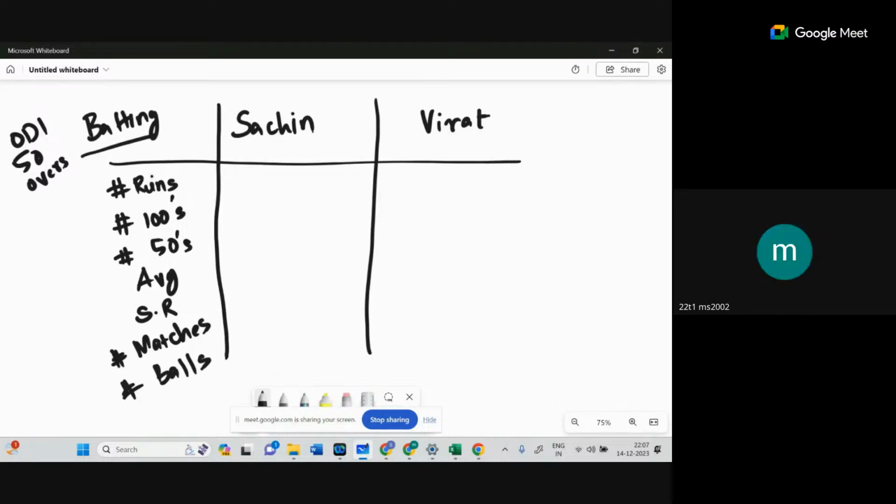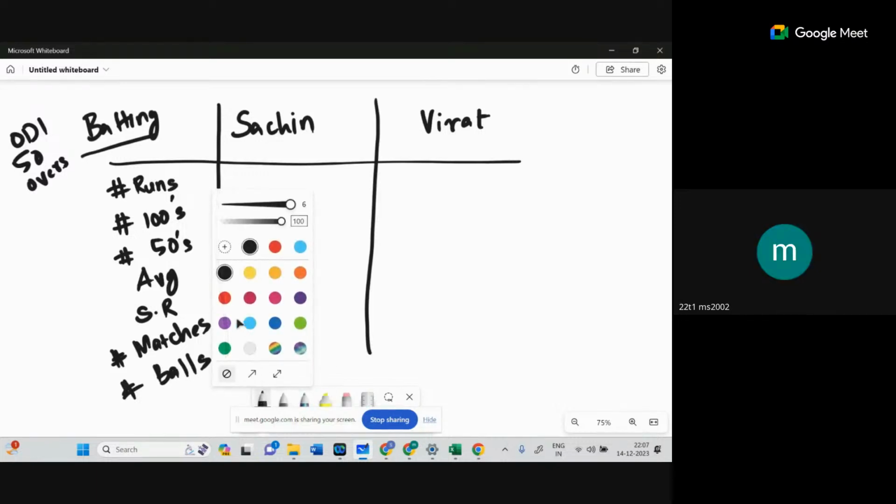So here, what are the inputs? Runs, hundreds, 50s, average, strike rate, matches, balls. Then what is the output? You will calculate a number that will tell me who is better.